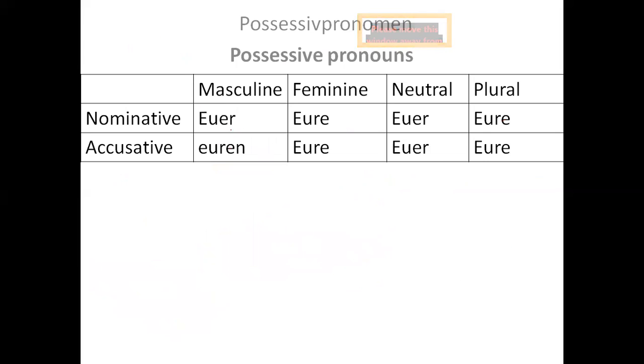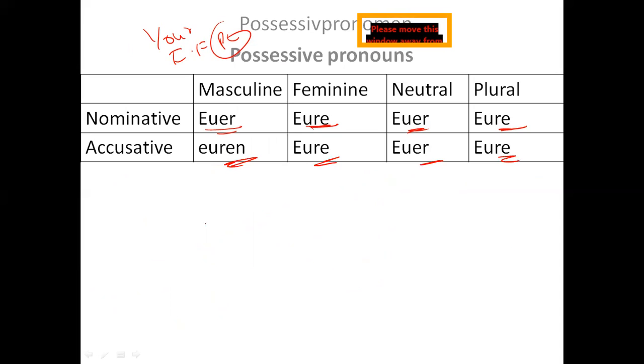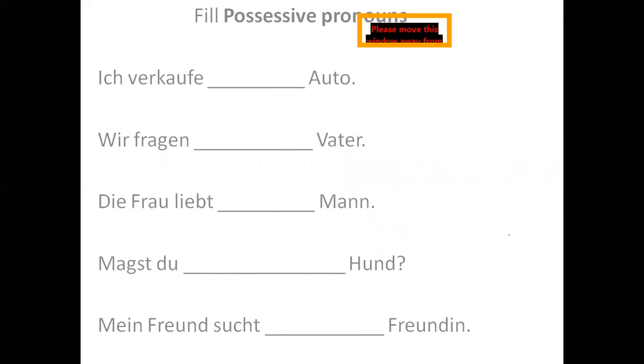And next table, last table for you is euer, which means your, informal plural. Euer, euren, euer. So the usage will remain the same. That you have understood already.